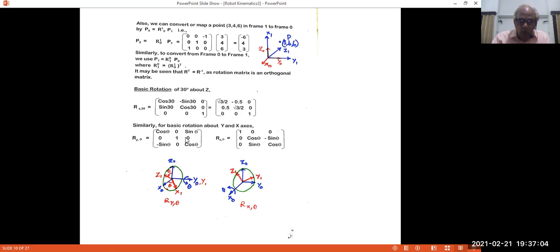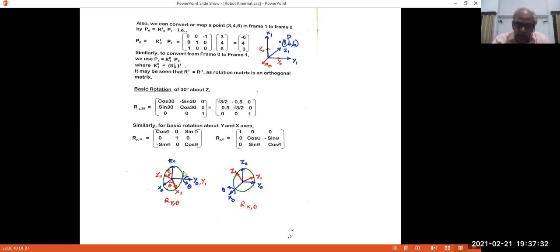Other than this, we have the other two basic rotations. Rotation about y: your x0 will go to x1, z0 will go to z1, and this is the new frame with the basic rotation. By inspection you should be able to write it, because y happens to be the same in frames 0 and 1, it will have 1 in this position.